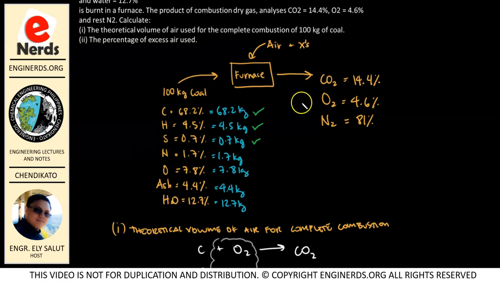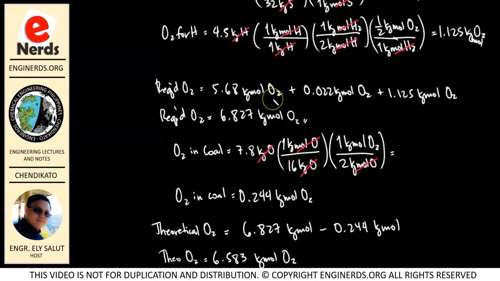Okay, so that means in order to find kung gaano karaming nitrogen meron tayo dito sa air, we need to subtract 1.7 kilogram or the number of moles of nitrogen dito sa ating coal, dito sa number of moles ng nitrogen dito sa ating product. So kapag sinubtract natin ito, we will get the number of moles of nitrogen dito sa air, no? So let us do that.